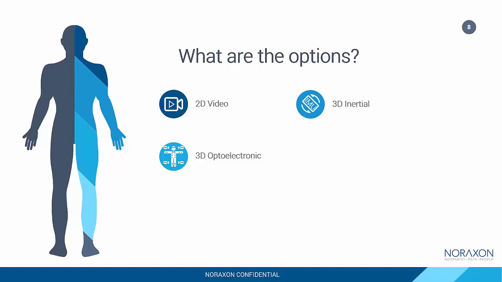Our next option, and what is often dubbed the gold standard within motion capture, are 3D optoelectronic systems. So these are typically marker-based systems. They either utilize passive or active marker sets, as well as multiple cameras positioned around a known volume of space.